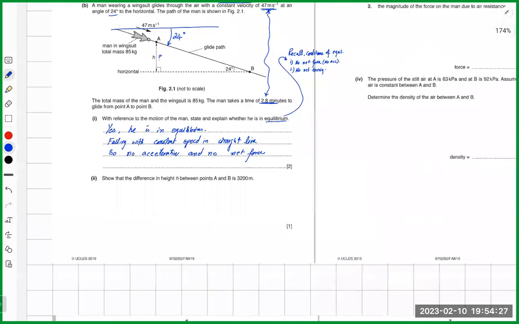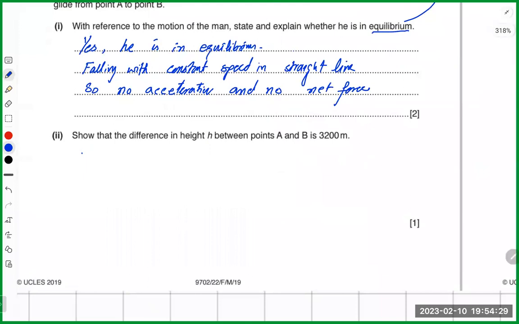Now see. Distance AB equals 47 multiplied by 2.8 multiplied by 60.